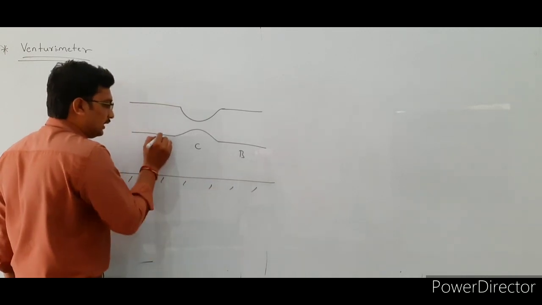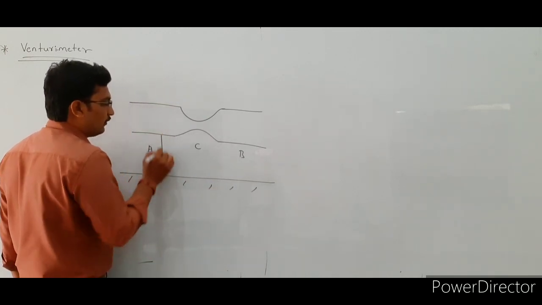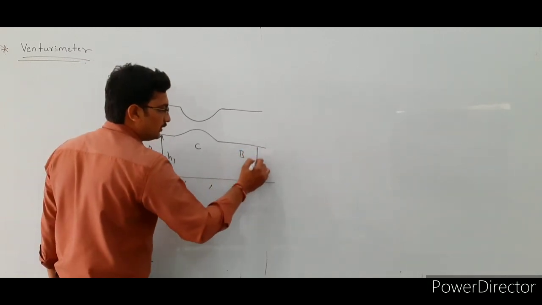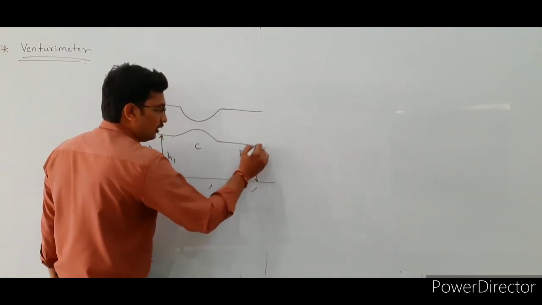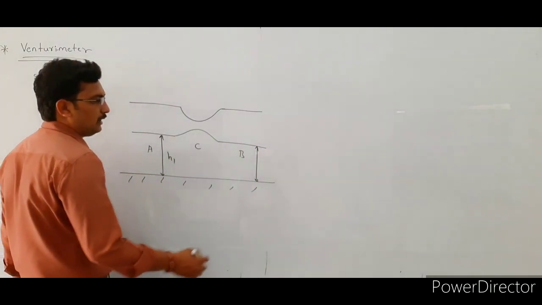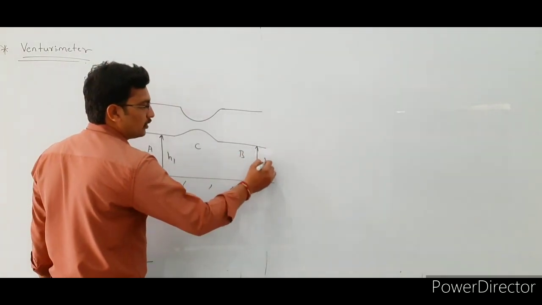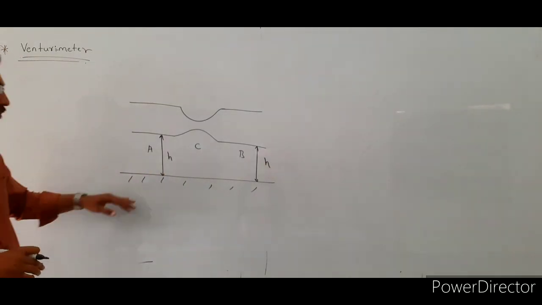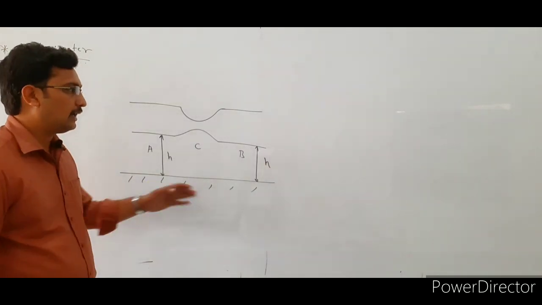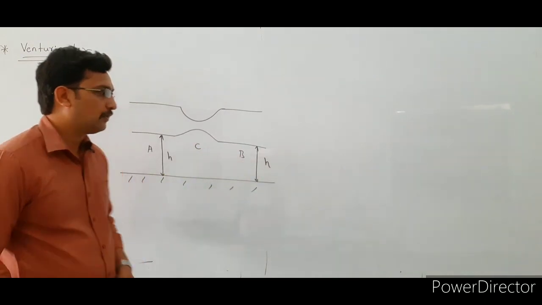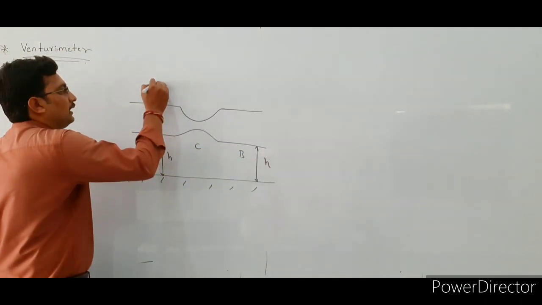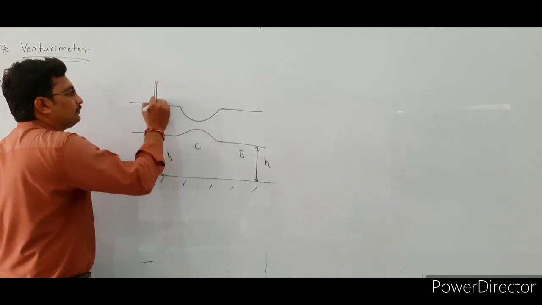In this case, the height of the first tube from the horizontal surface is H, and the height of the second tube B is also the same, H. Here we are connecting a narrow pipe.